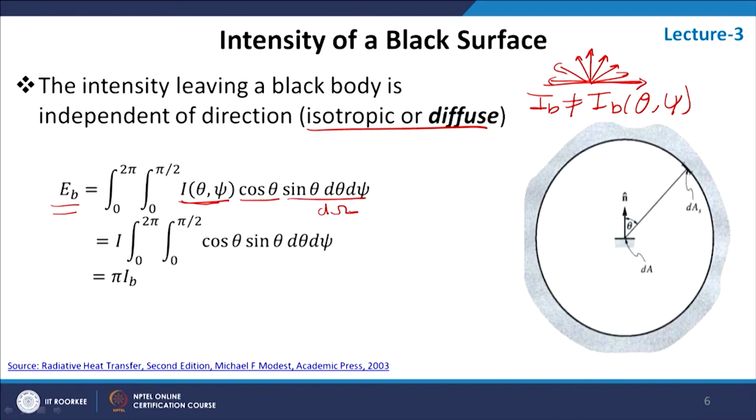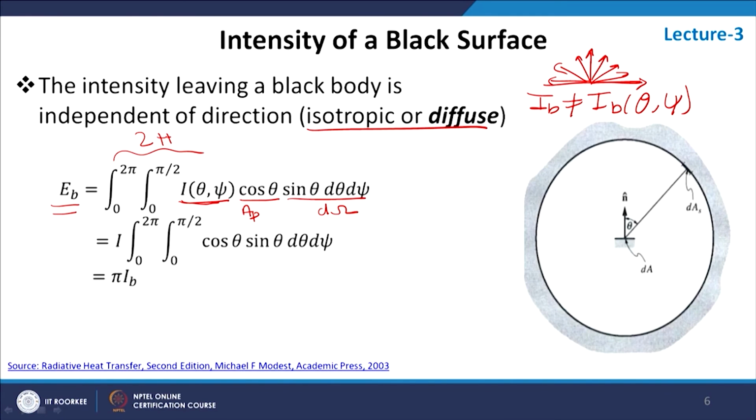This is d omega, for a projected area of unit magnitude, and we have to integrate from 0 to pi and 0 to pi by 2. These limits basically define the solid angle of 2 pi over a flat surface.